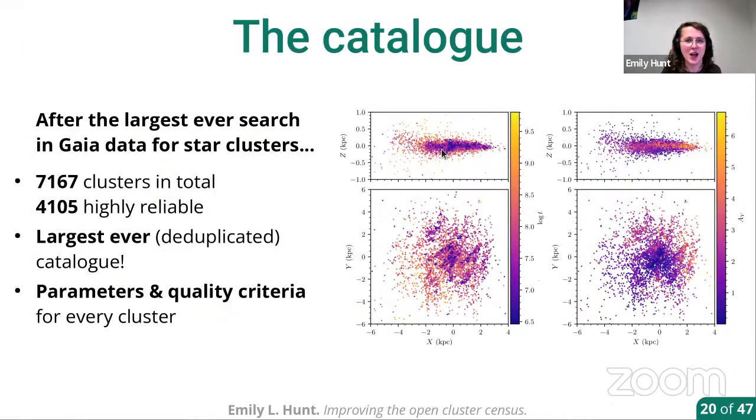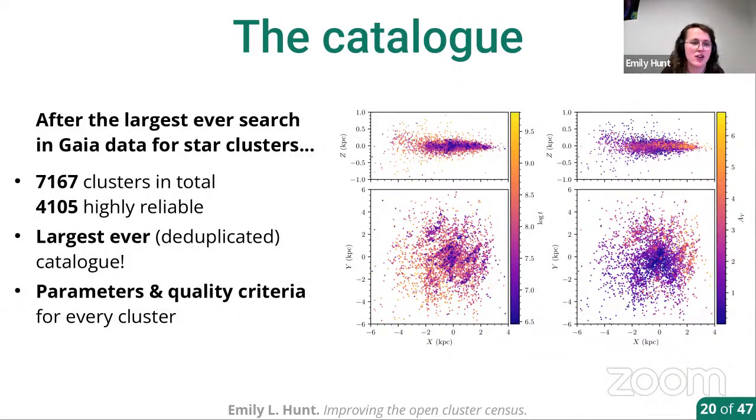After a lot of work to do a lot of clustering in different regions of the disk, merge all those results together, and do a lot of cross-matching, we arrived at the final catalog. In total, this catalog has 7,167 clusters, 4,100 of which sit in a highly reliable sample of clusters that have a signal to noise ratio of over 5 sigma and also have clearly good, reliable photometry.